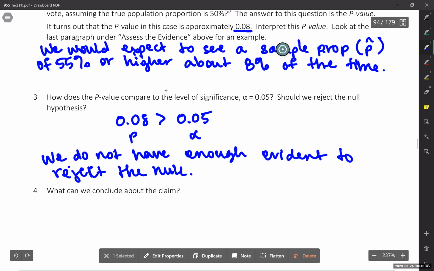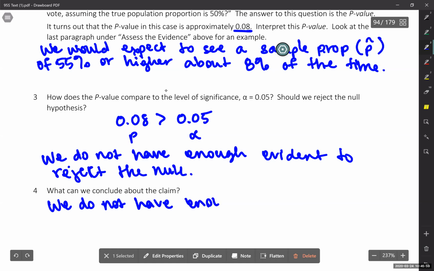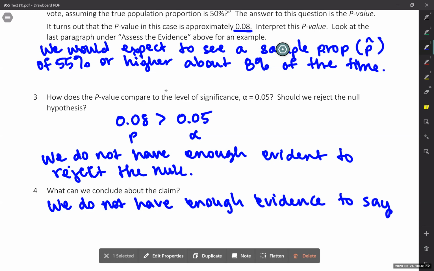We can conclude about this claim, so we do not have enough evidence to say that more than half plan to vote.